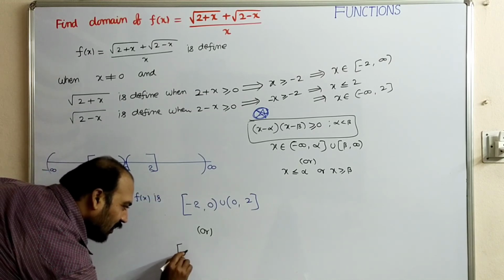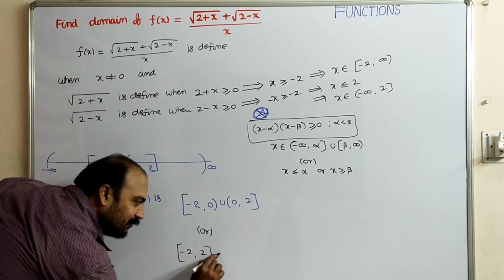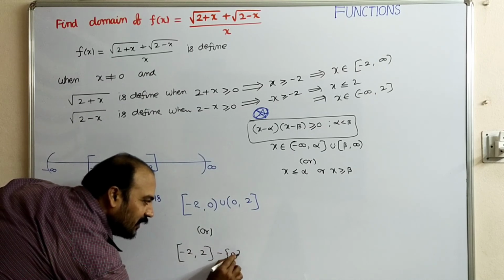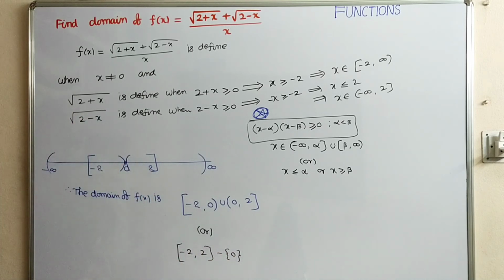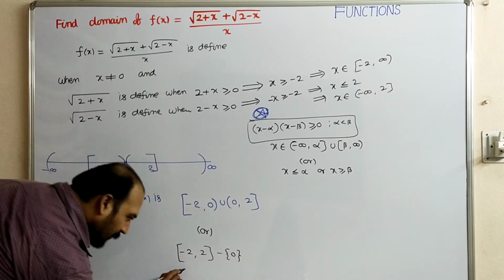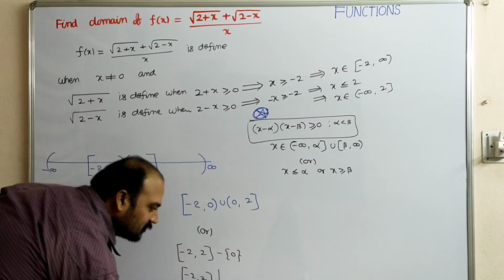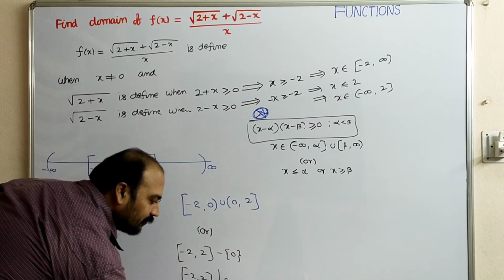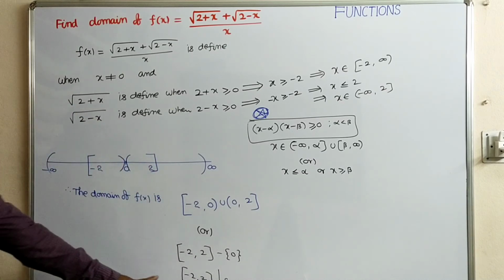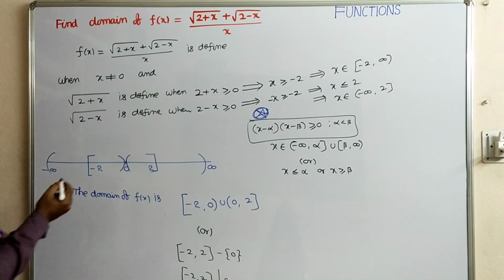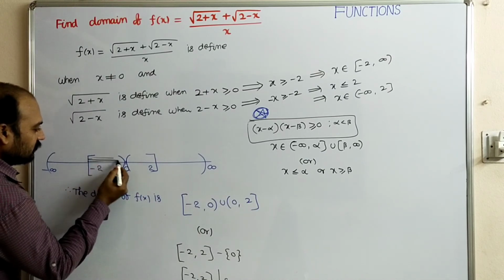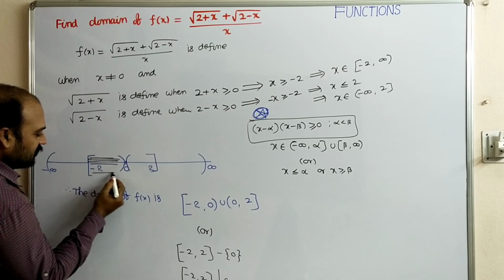So closed interval of minus 2 comma 2 minus 0. We can write like this also. Even another representation, closed minus 2 to 2, minus the set 0. Anyway, we can write; the meaning is this only. So this is the required domain of the function.